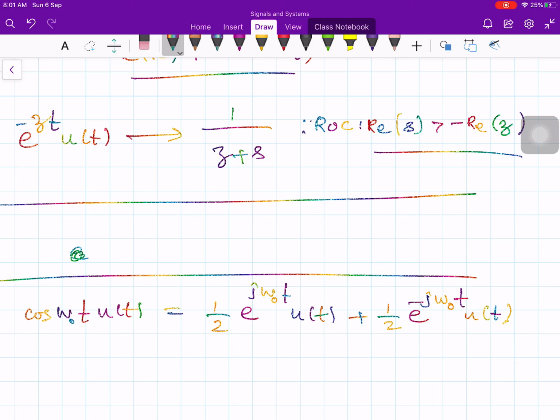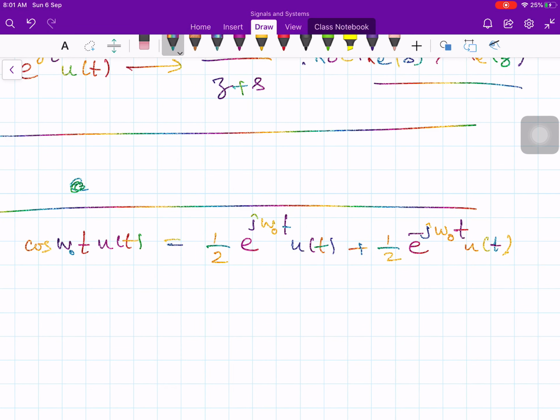Okay, now what is this? This is equal to, you put 1 half as it is, and this part is equal to 1 divided by s plus j omega naught, no, omega naught t, I am sorry, omega naught t.